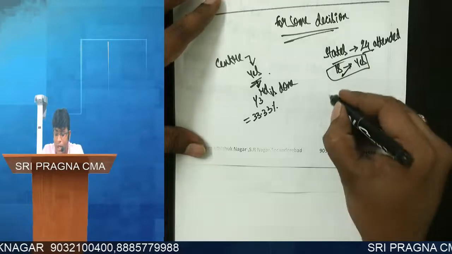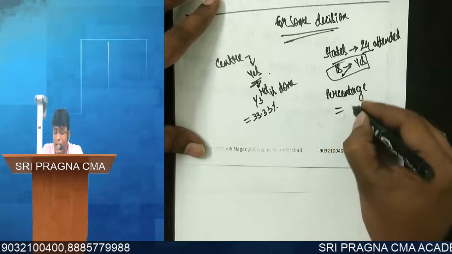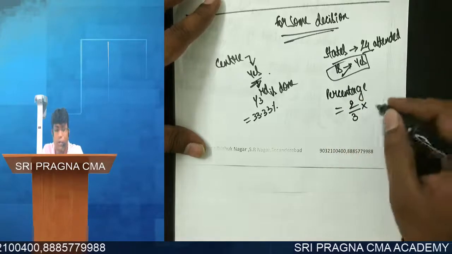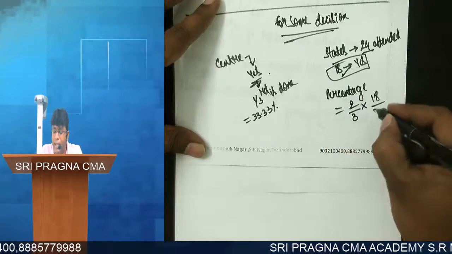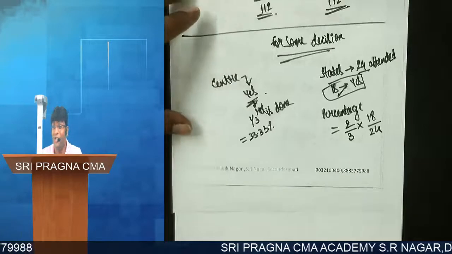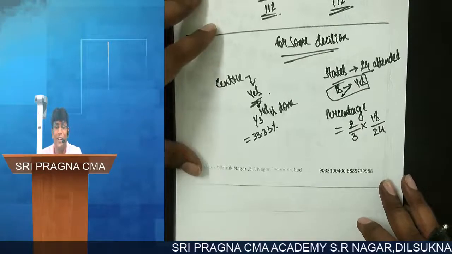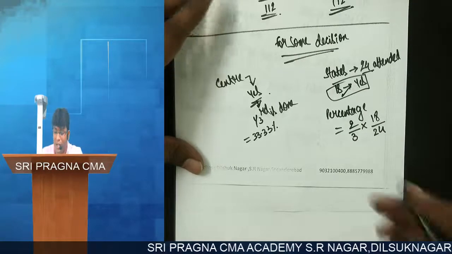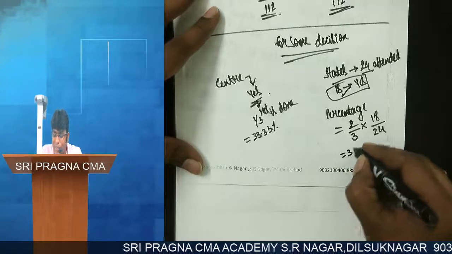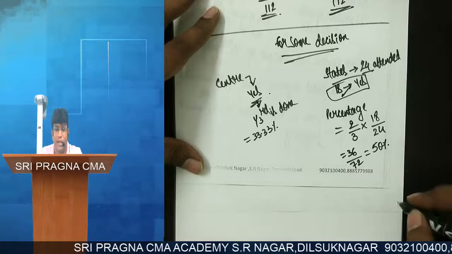So the percentage we calculate is 2/3 into 18 by 24. Why 2/3? Because their total weight is 2/3 only. So 2/3 into 18 by 24 comes to 36 by 72, which comes to 50%.